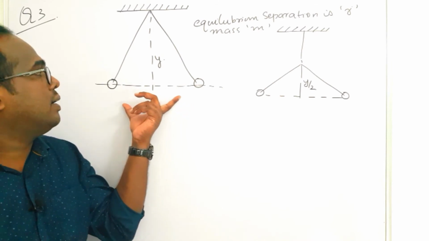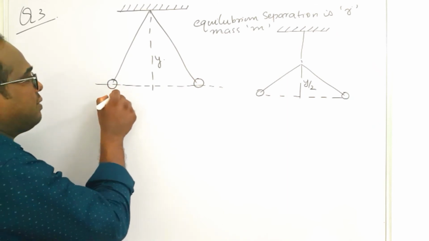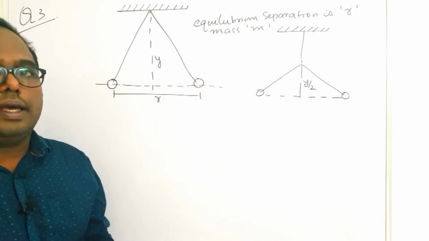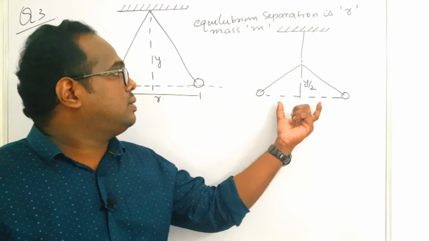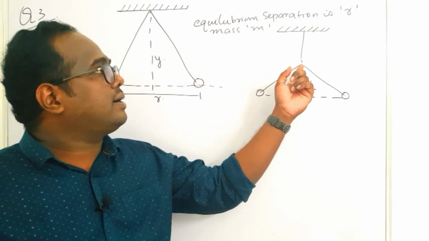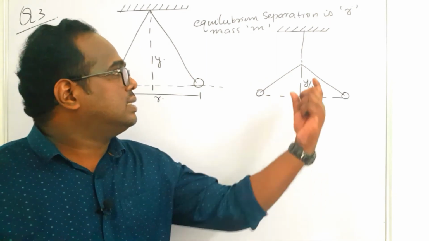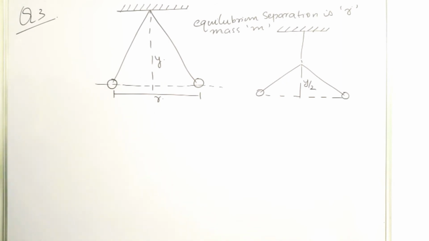This is shown in the figure. And the equilibrium separation, that is this separation, is given as R in the question. And the question is, what will be the equilibrium separation if the same string is rigidly fixed at y by 2? This distance is y by 2 now. What will be the equilibrium separation?